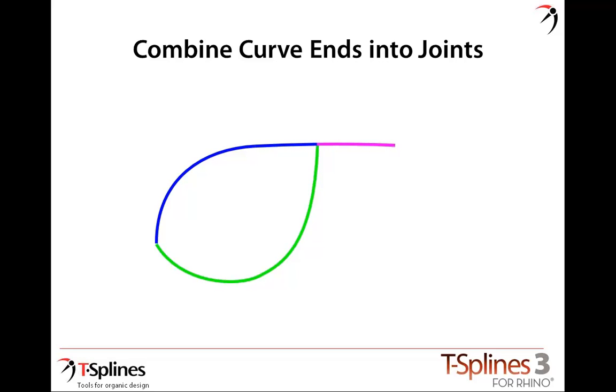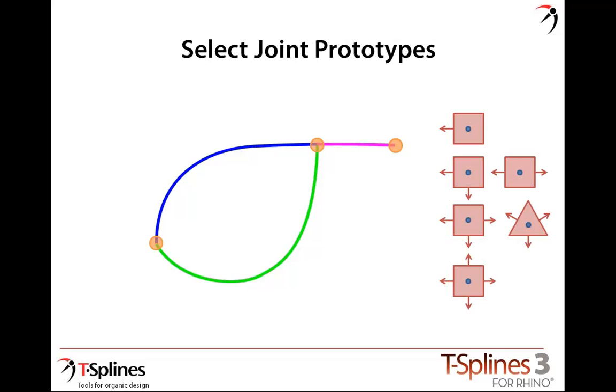The next step is it combines the ends of the curves into joints. And it does this by looking at each end to see if it's close to any other ends. So we'll see in this model, these 2 ends are close together, these 3 ends are close together, and this one end is not close to anything else. So in this model, we're going to have 3 joints.